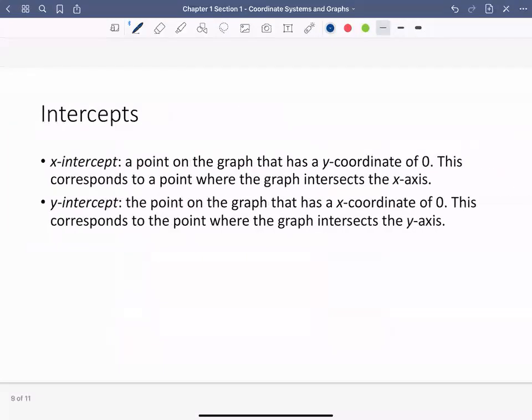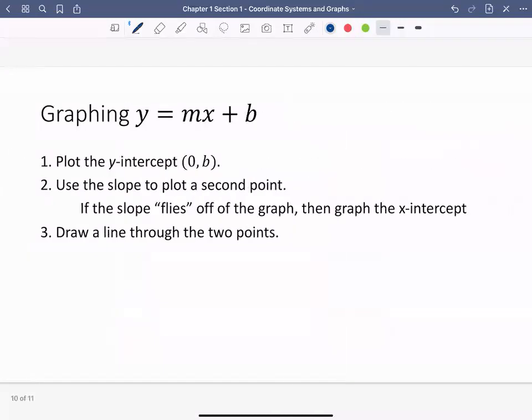All right. Now intercepts. I already talked about them. The x-intercept is a point that has a y-coordinate of 0 and lies on the x-axis. A y-intercept is opposite: it has an x-coordinate of 0 and lies on the y-axis. So there's a couple different ways to graph y equals mx plus b. The first thing you can do is plot the y-intercept, which is (0, b), and then use the slope to plot a second point.